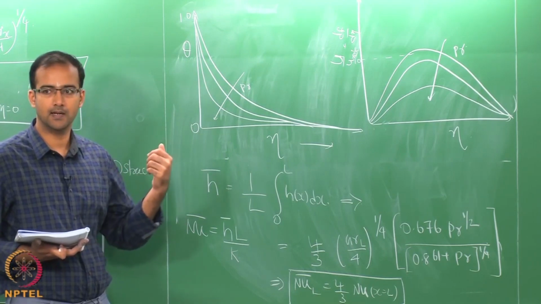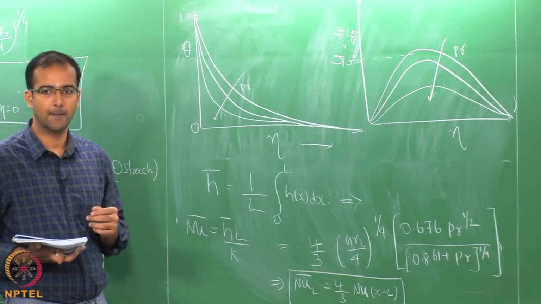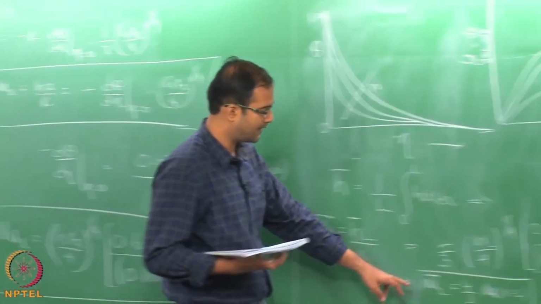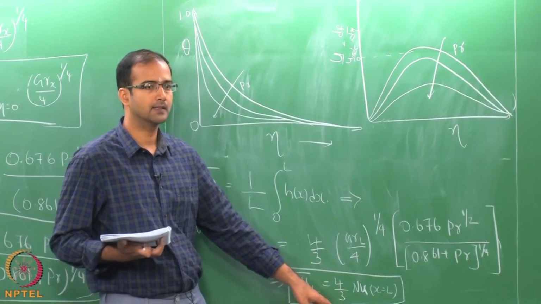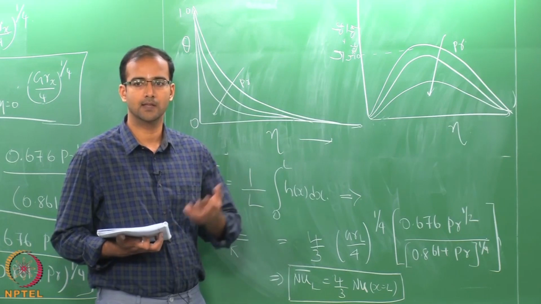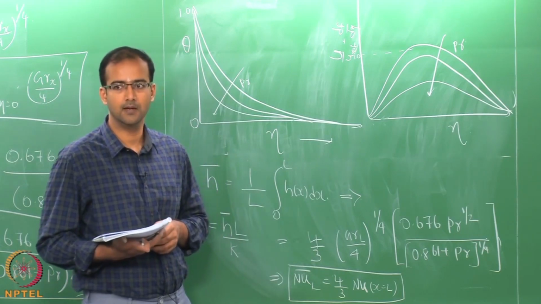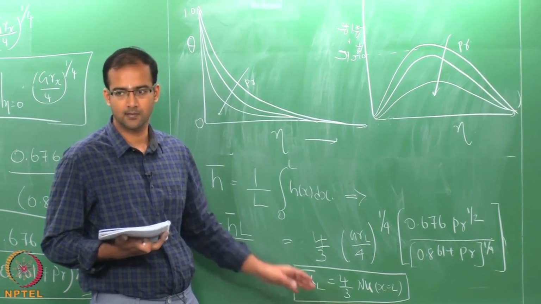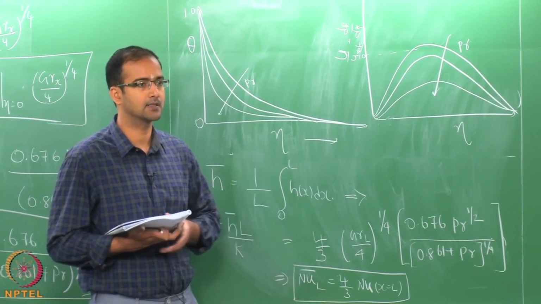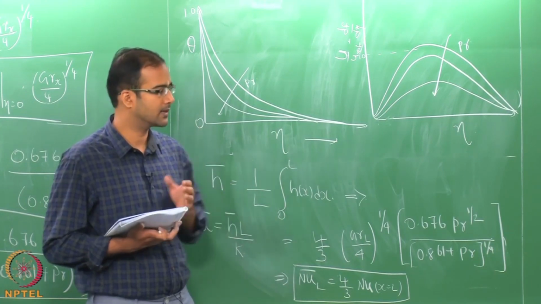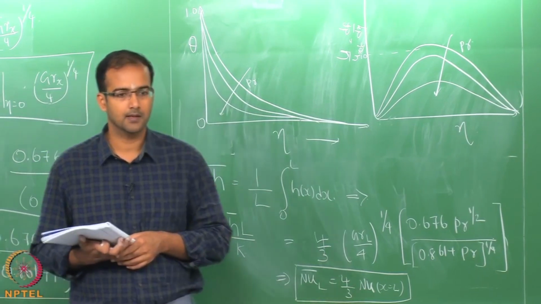After you evaluate the integral, you will convert all your x into L. So, the Grashof number will be defined based on the plate length, and therefore, you will get the expression that the average Nusselt number will be 4 by 3 times the local Nusselt number, when your x is replaced with L. Okay. So, this is another useful relation that you can use when you are doing calculations for heat transfer rate and so on, where you define your heat transfer coefficient based on the entire plate length.